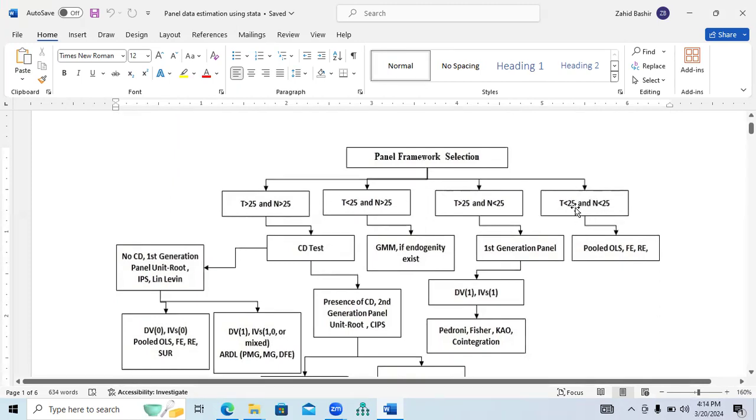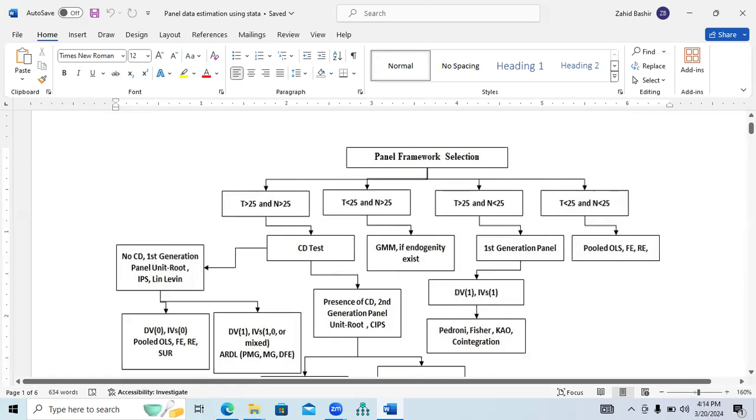If you see the first rectangle on the very right side, it indicates that if your time dimension is less than 25, and your number of individuals or countries or firms is also less than 25, then you should use static panel regression estimations like pooled OLS, fixed effect, random effect.